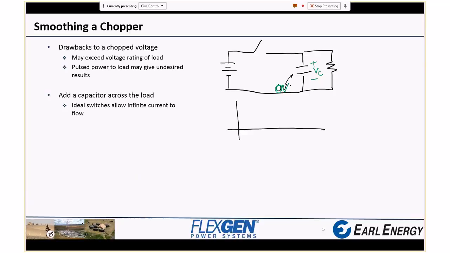So we turn it on the first time. The voltage applied by the switch starts at 0, and then the switch applies the 10 volts, and so on.